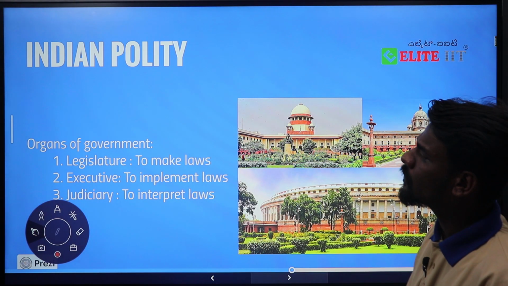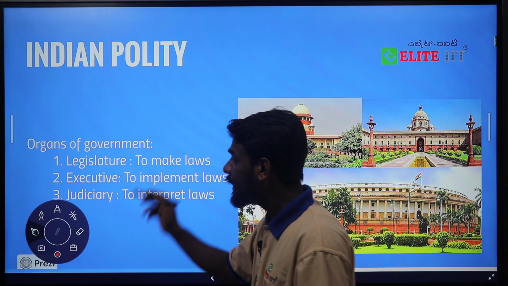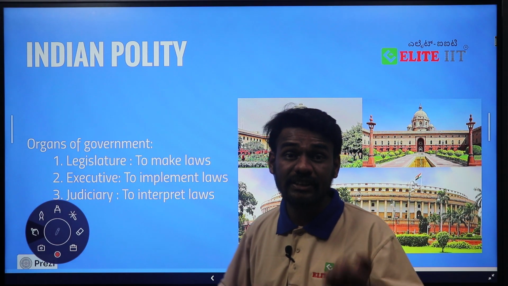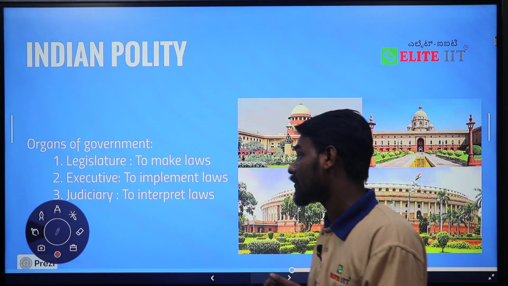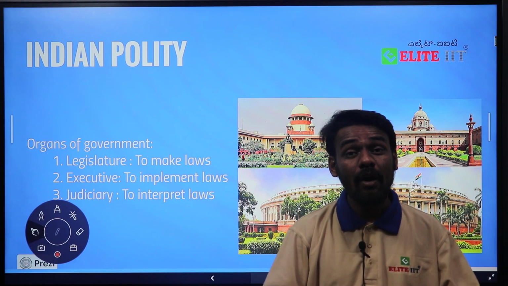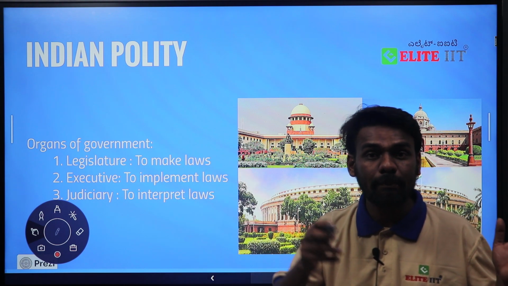What is the importance of these 3 organs? What are the works they will do? See, for example, legislature is to make the laws. And when it comes to executive, what will they do? Executive will implement the laws. So legislatures usually sit in the parliament.